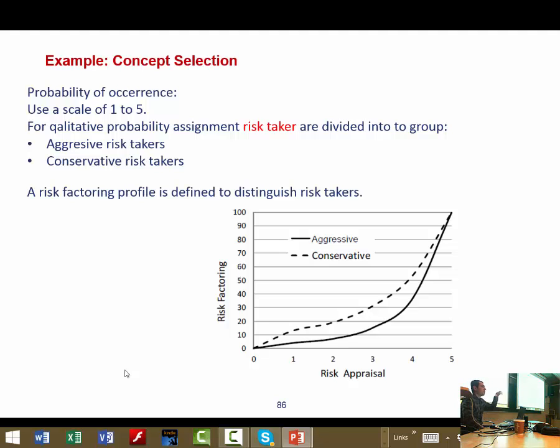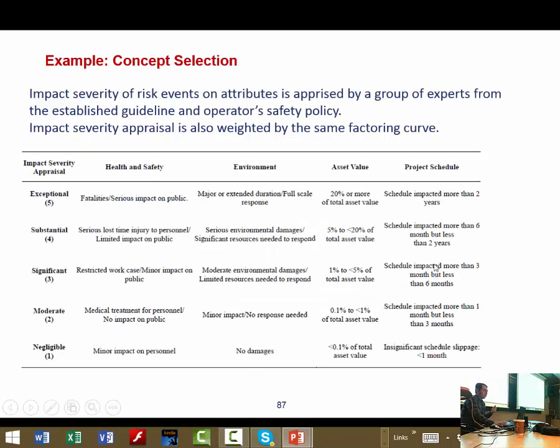But the operator is working on the platform, so if both say medium, the operator's medium means more severe than the designer's medium. And you have to weight these opinions, whether it is an aggressive person or a conservative person.